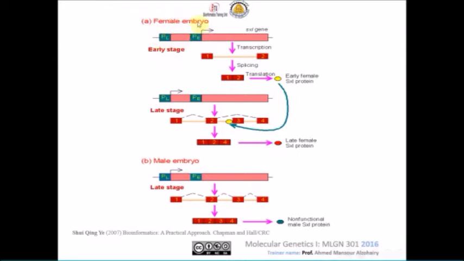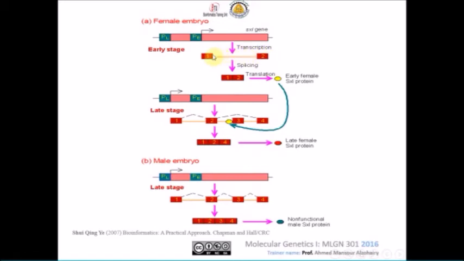In the female, the early promoter will work early, so this promoter will drive transcription of the first messenger RNA of this gene, and in that gene we will have one intron and two exons.